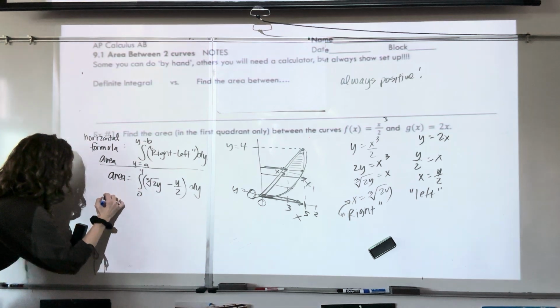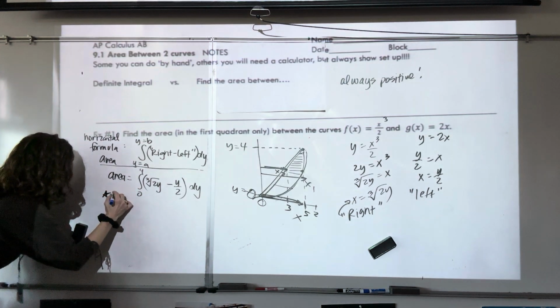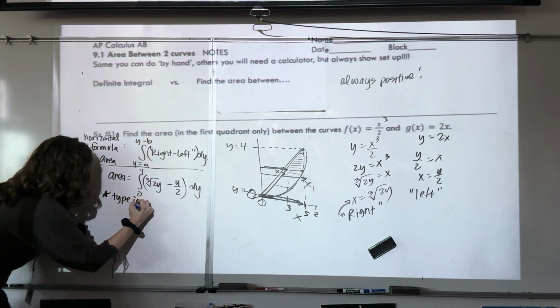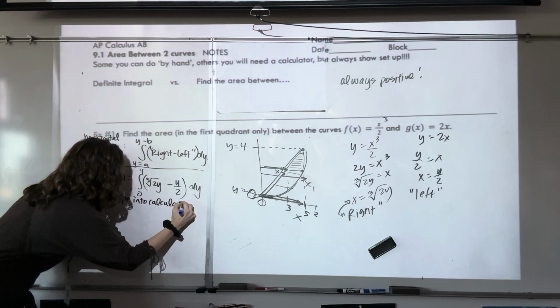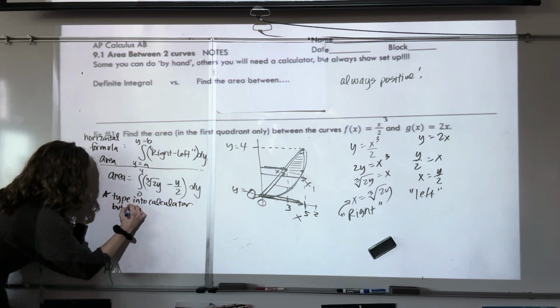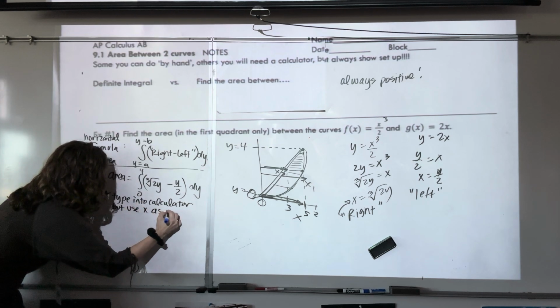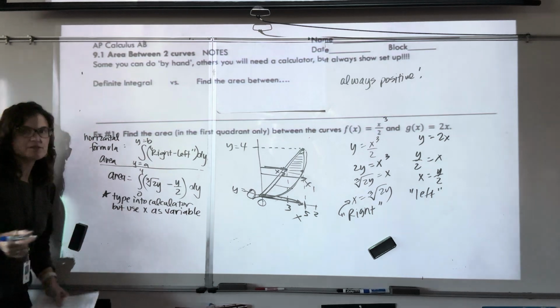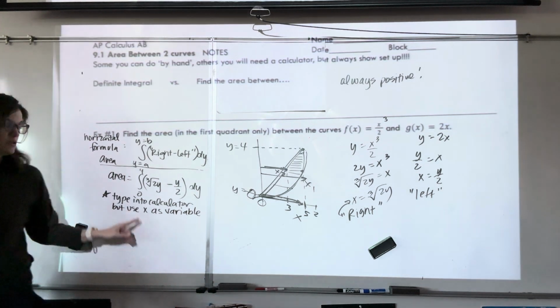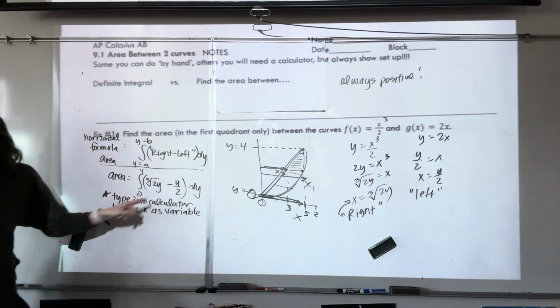So I'm going to make a note: type into calculator, but use x as variable, just to make it a little easier. So I'll show you that here, but you literally have to type this in, cube root of.